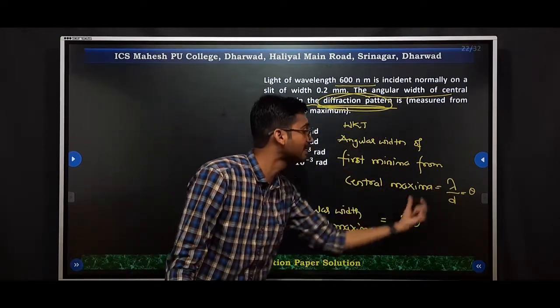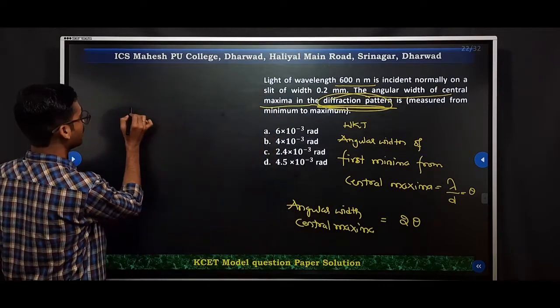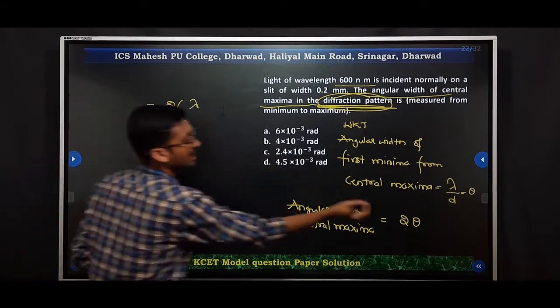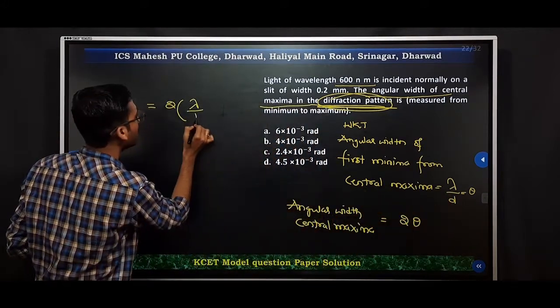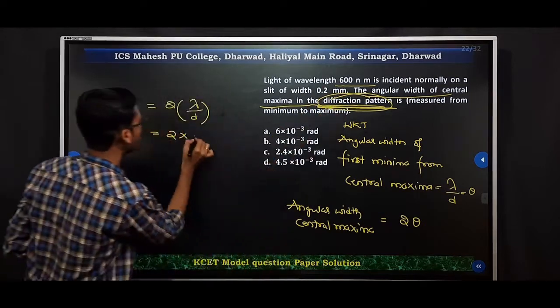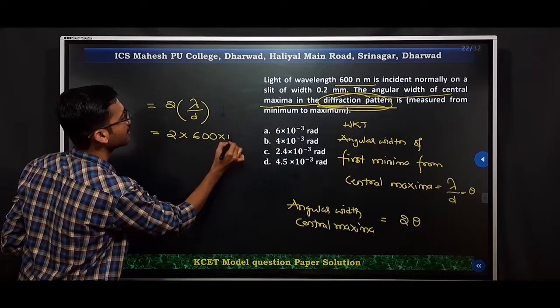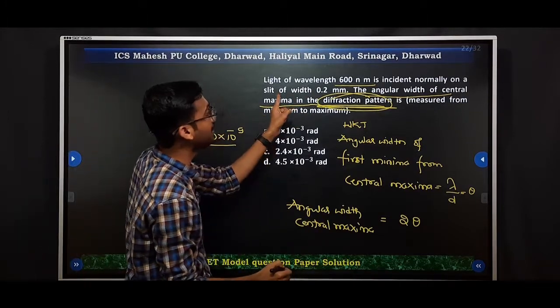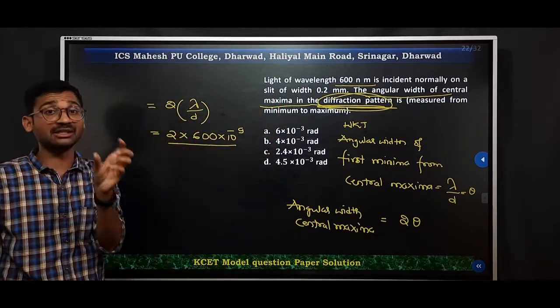Now we know theta, substitute here now. Therefore, it is equal to 2 times theta, how much here? Lambda by d. Now 2 into lambda is how much? That's 600 nanometer, 10 raised to minus 9, whole divided by, what is the slit width? For the slit width we have a small d.